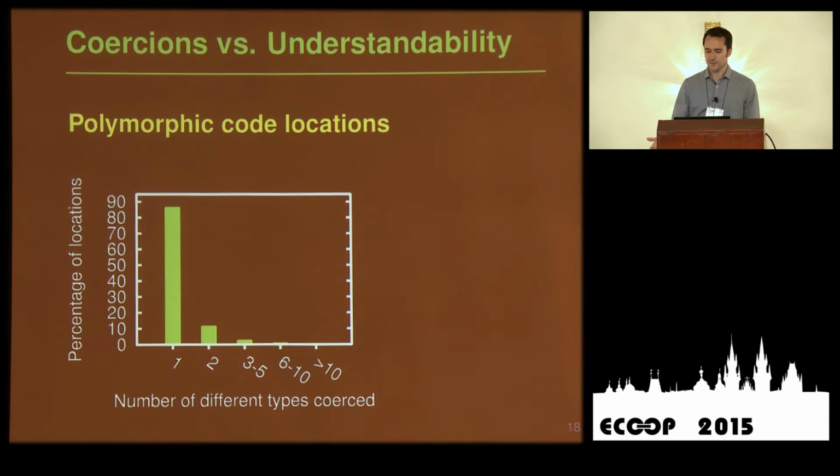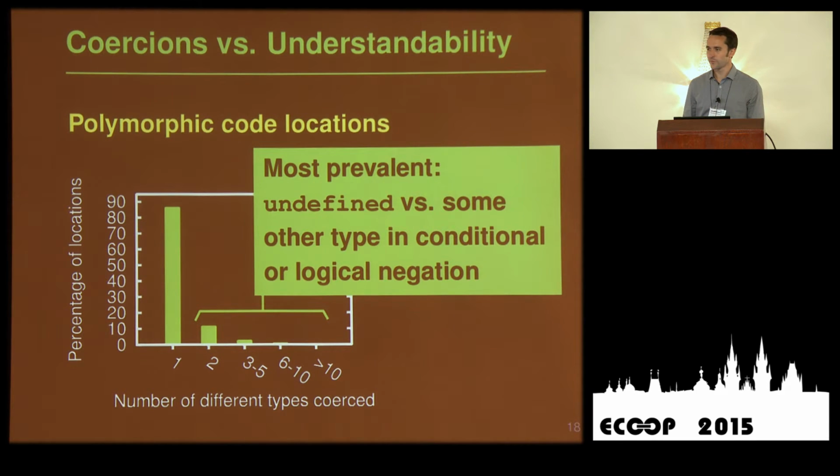What you basically see here is that for most code locations, 87%, there's just a single type, which means that the code locations are monomorphic and there's no problem because of polymorphism. For the polymorphic code locations, we looked into what the reasons are, and what we found is that the main reason is that at these code locations you either see undefined or some other type, or a logical negation, which basically means it's places where someone checks whether something is defined or not.